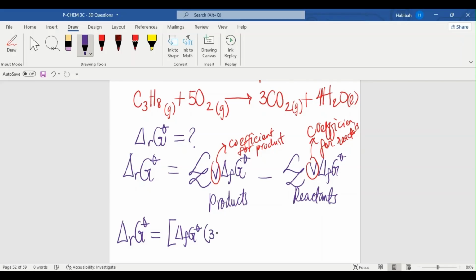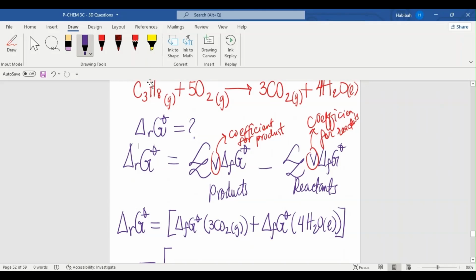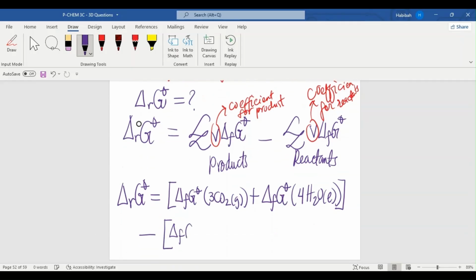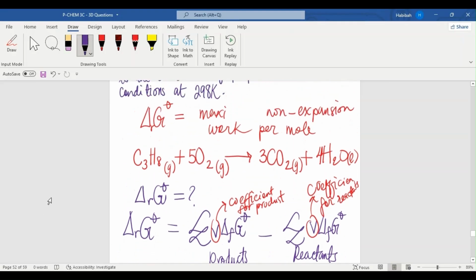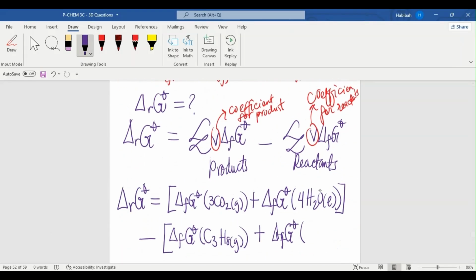We're going to deal with the first product, which is just 3 CO2 gas, plus the Gibbs energy of formation of the second product, which is 4 H2O, according to this reaction, minus the Gibbs energy of formation for the first reactant, which is simply C3H8 gas, plus the Gibbs energy of formation for the second reactant, which is 5 O2 gas. So this is basically our work.